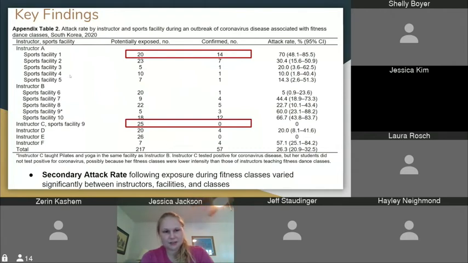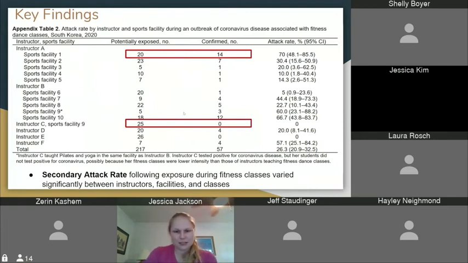Another interesting thing I found here is if you look at instructor A, when she was in sports facility 1, in that class, she infected 70% of the students. But if you look at these other facilities she went to, she was only infecting 10 to 30% of her students. So I found that to be interesting.